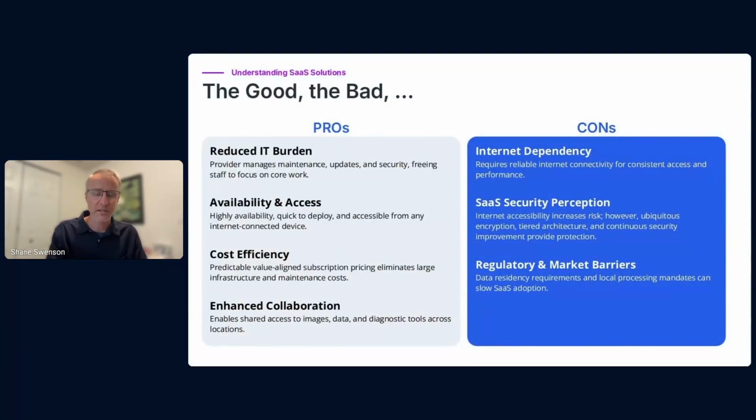So, trade-offs here. The biggest advantages of software as a service are that they let you focus on your mission, which is to deliver value to your patients, and take away a lot of the responsibility of also being an IT organization, at least for these applications. And they do that through a high level of availability and access.